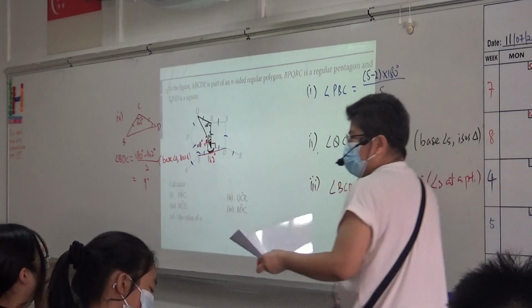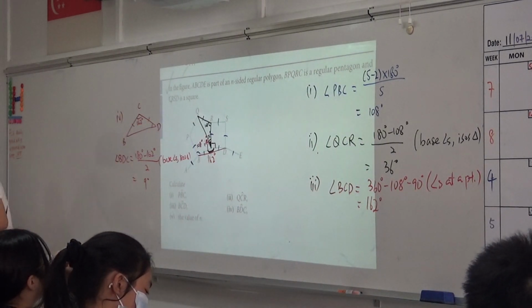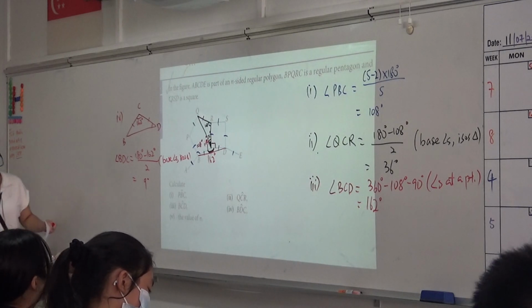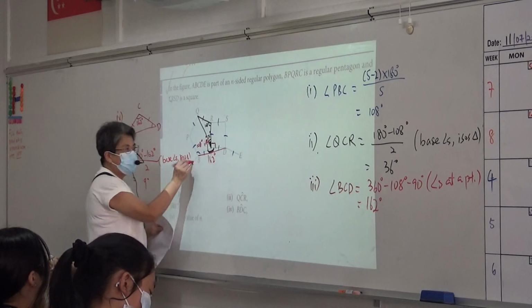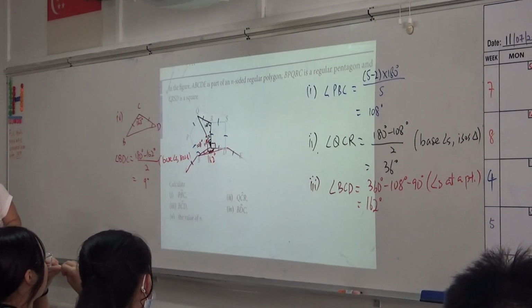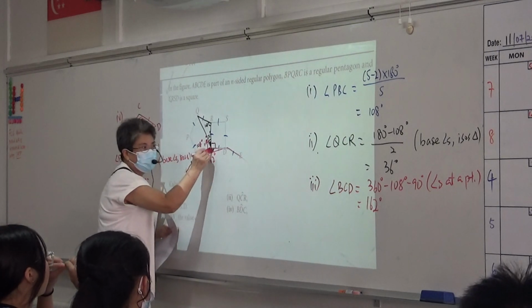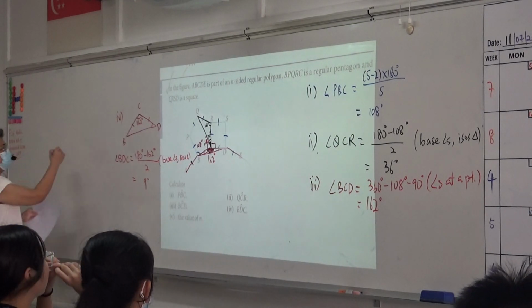Yes. Now, what's the last question? Can you tell me what's the last one? What did we ask for? Value of n. Value of n means I want to find out this polygon, how many sides, right? Correct. Now, do you agree that one interior angle is 162? Yes. So, part 5.